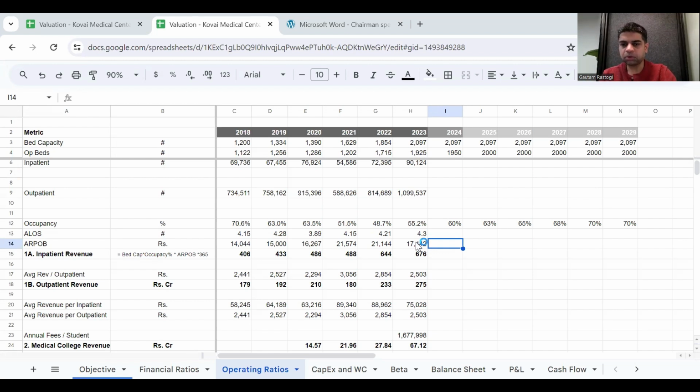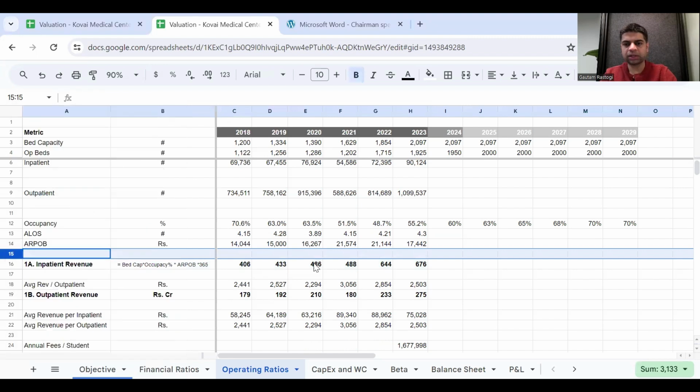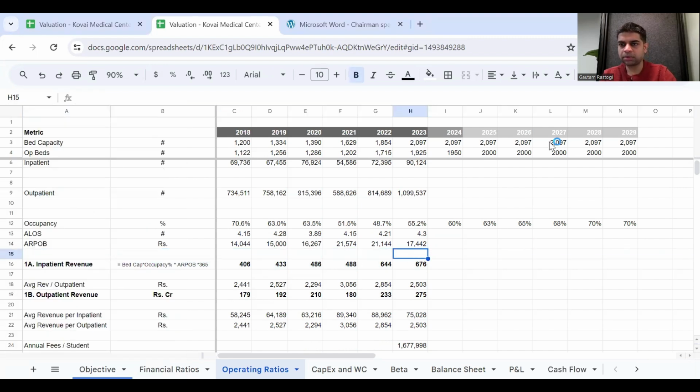So, my rationale. What I'm going to assume is, first, let me also look at the historical rate, which is 4.4%.